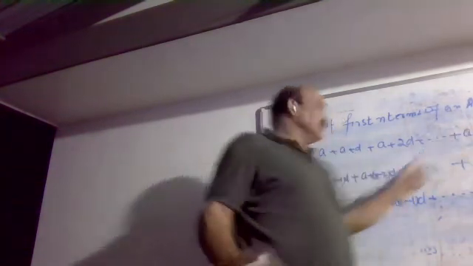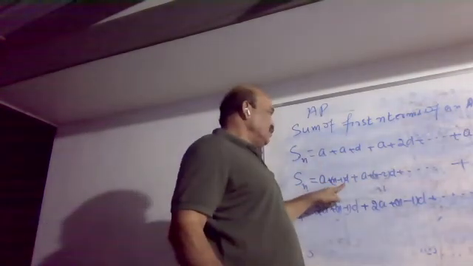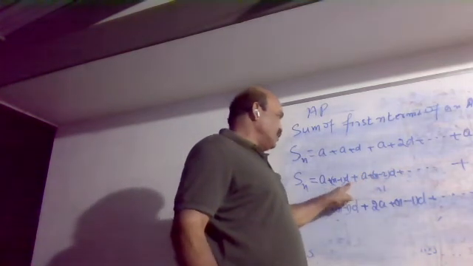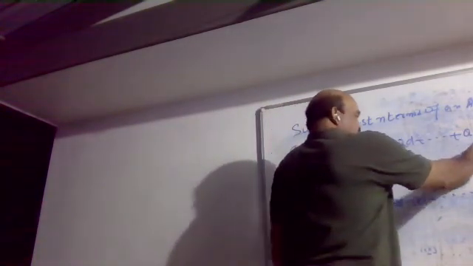Write it in the reverse order. Last one first: a plus n minus 1 d, plus the next one, a plus n minus 2 d. After adding d, you get a plus n minus 2 d and a plus n minus 3 d, etc. The last one is a.